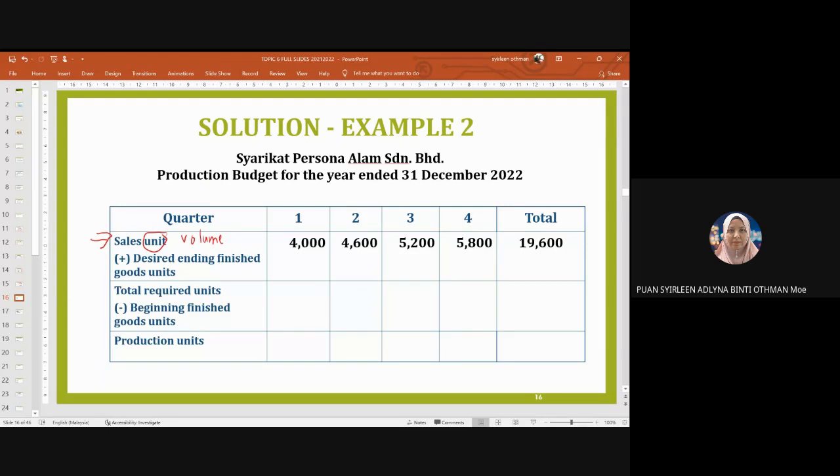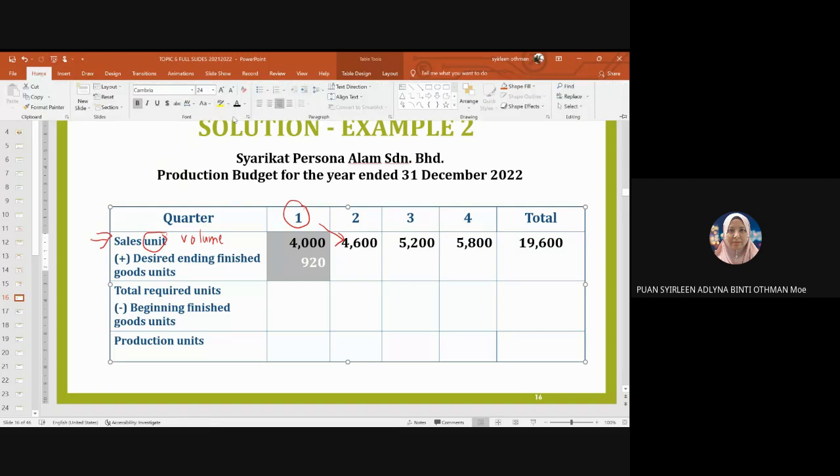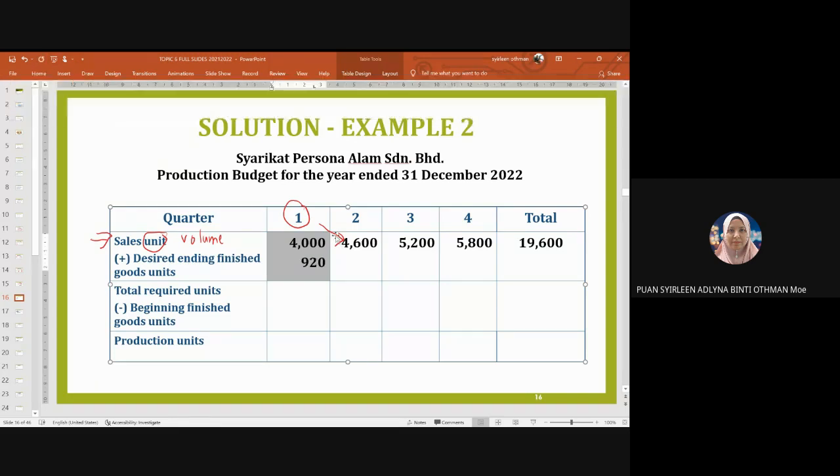So kalau saya nak isi untuk quarter 1, I kena refer pada sales volume di quarter 2. So my ending inventory policy di quarter yang pertama mestilah 20% daripada 4,600. So my ending inventory policy here will be 920.